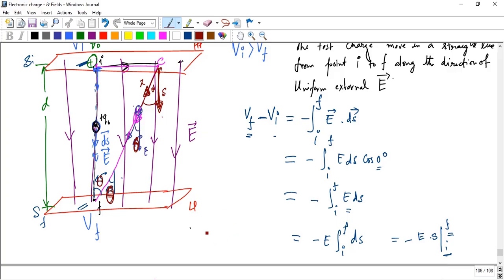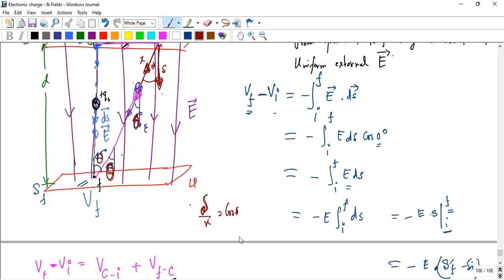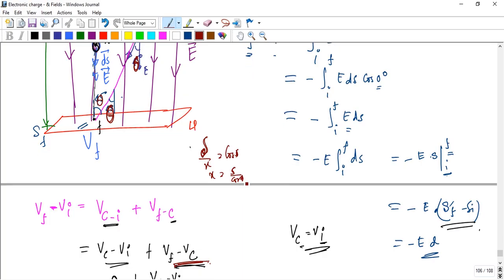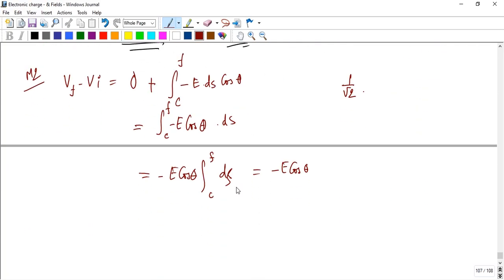Base by hypotenuse is equal to cos theta, so x equals s by cos theta, or d by cos theta, both are the same.